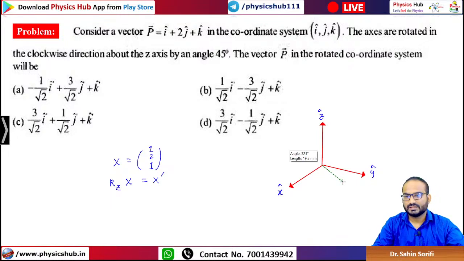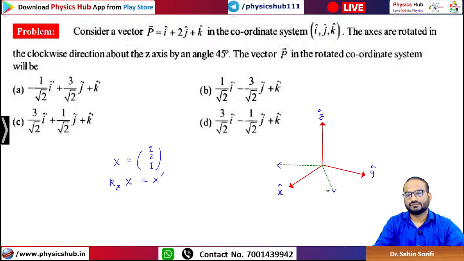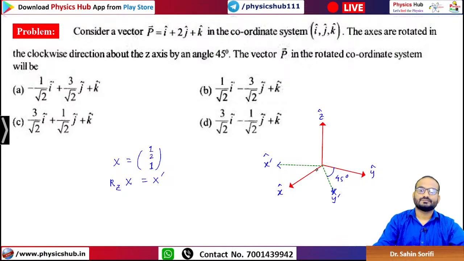Your y axis will come here, okay, 45 degree. So it leads to something like this, and your x axis will go there. So this is your, let's say, x prime, this is your y prime. Now rotation is carried out over the z axis, so the z axis will remain fixed. This angle is 45 degree. C option, very correct. Option C will come.